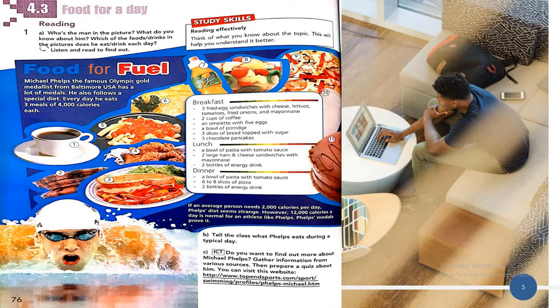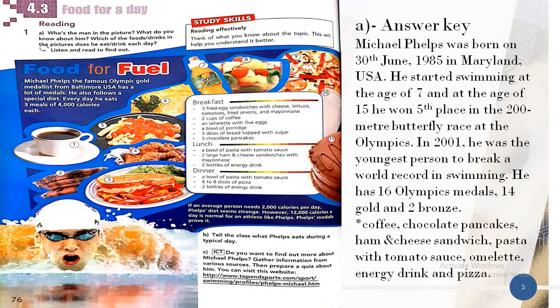Good. Very good, excellent. Now reread the 2 paragraphs to make it easy for you to answer the questions. So now, as we said, A, I give you the answer key. It's general information about Michael Phelps. He was born on 30th June 1985 in Maryland, USA.